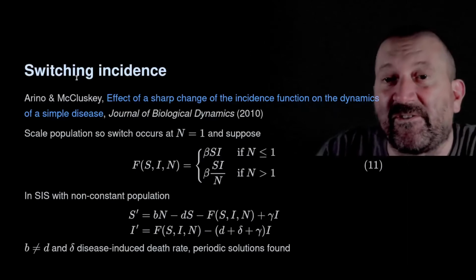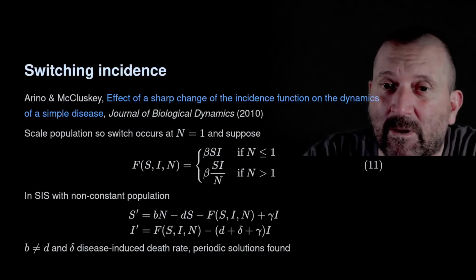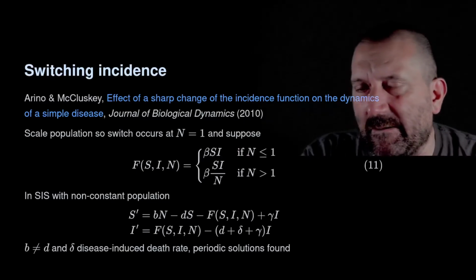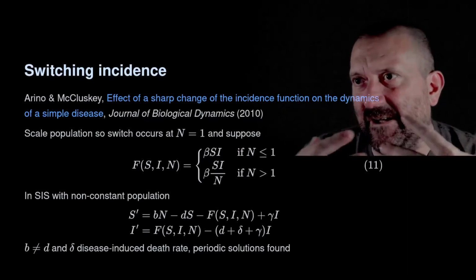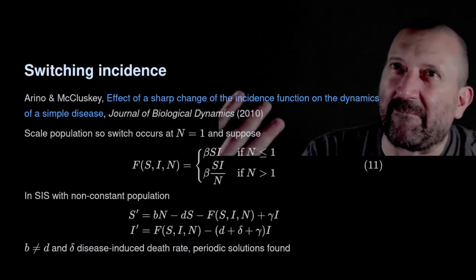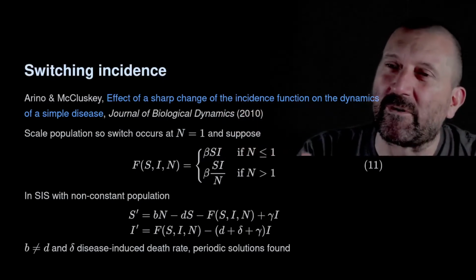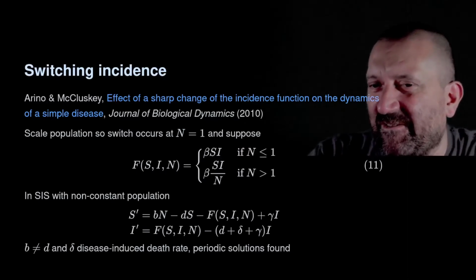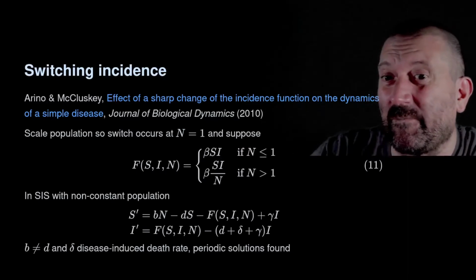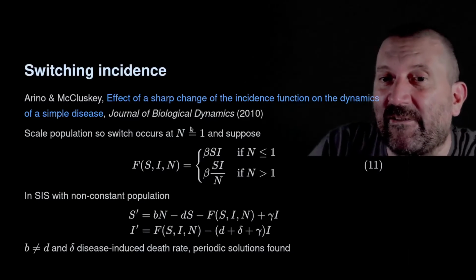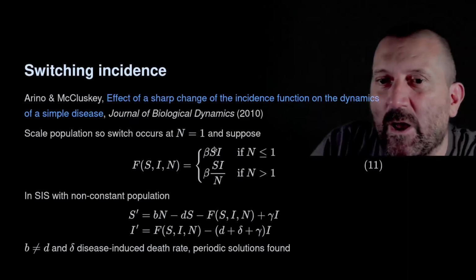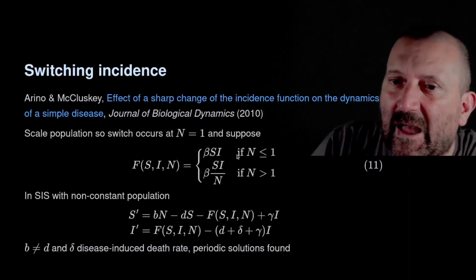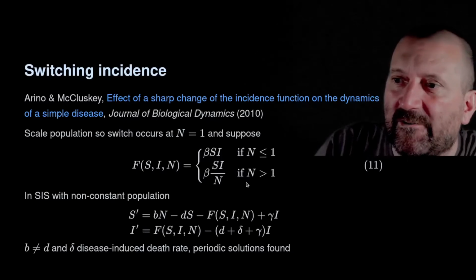You can have, this is an example that I worked on, where we consider the switching incidence, the idea being the one that I mentioned earlier, that if you have mass action, this is more appropriate for small populations. If you have standard incidence, this is more appropriate for larger populations. So here, normalizing things, what we do is we say we have mass action when the population is small enough, and standard when it's larger.